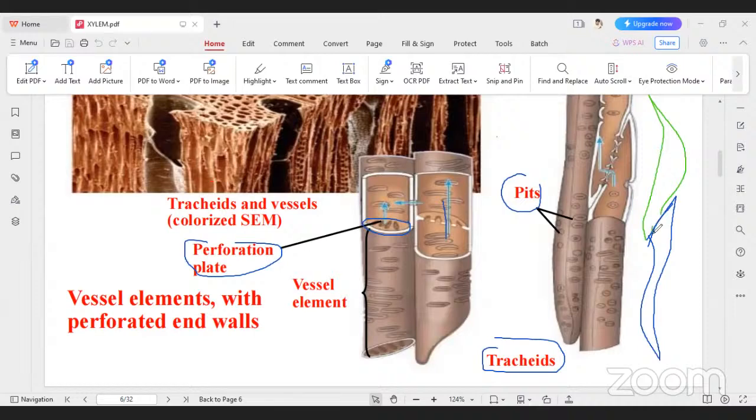Instead of perforation plates, pits are present. Through these pits in the cross walls and cell wall layers, water moves from one tracheid cell to another. Here in vessels, water moves through the perforation plates in an upward direction.